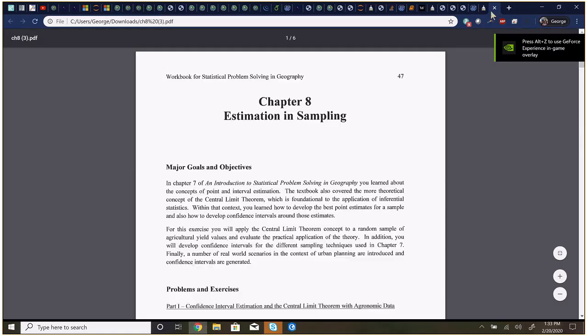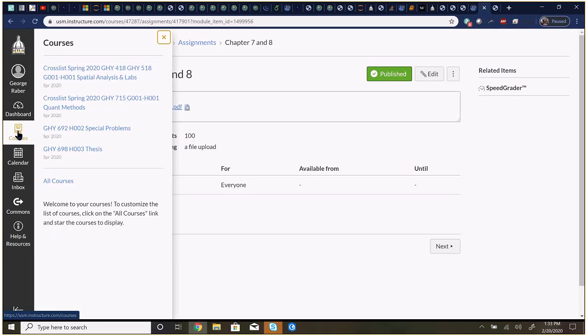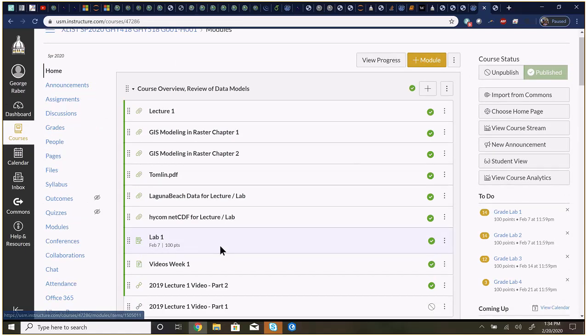All right, so today we're going to talk a bit more about terrain data.